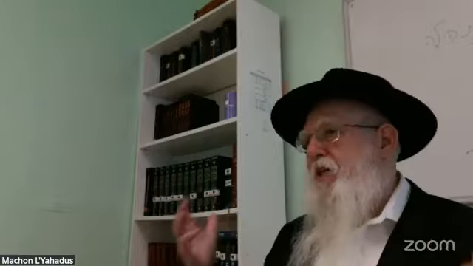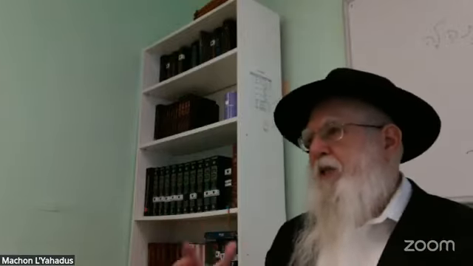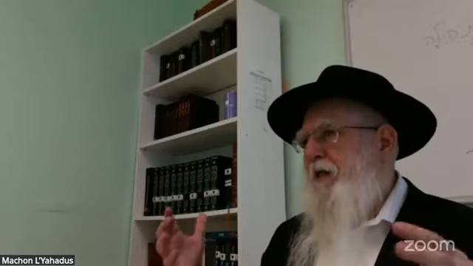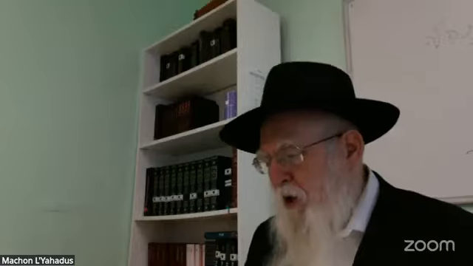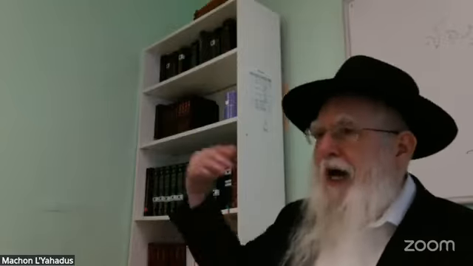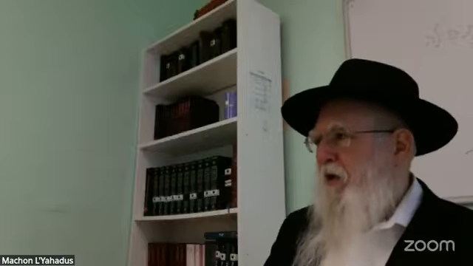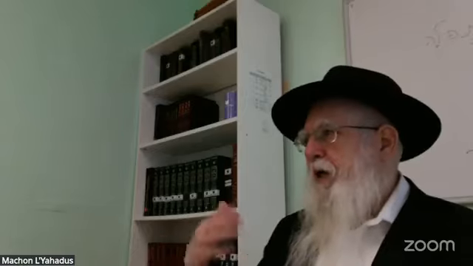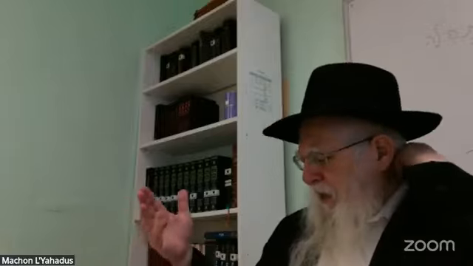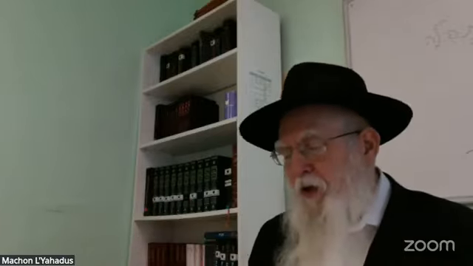When that light shines, it's so bright that it's blinding, and Klippa cannot exist in the presence of that light. So when a person does tshuva, they draw down that light from Or Ein Sof. And when that's drawn down, that gets rid of the Klippa that was created, so that they can no longer receive.